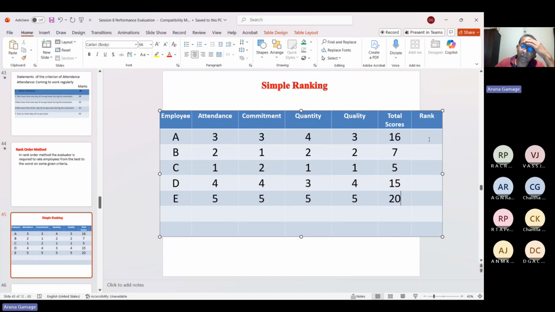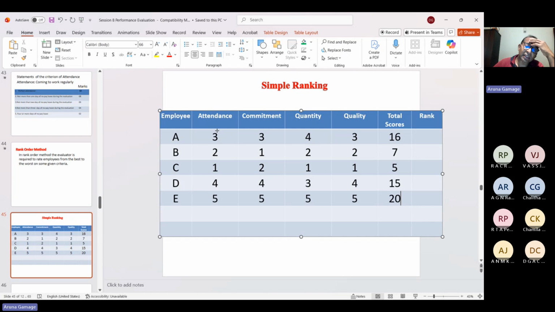Now I have to rank them. According to you, who is the best employee among these 5? I'm going to rank them. The employee whose total score is 20, what does it mean?